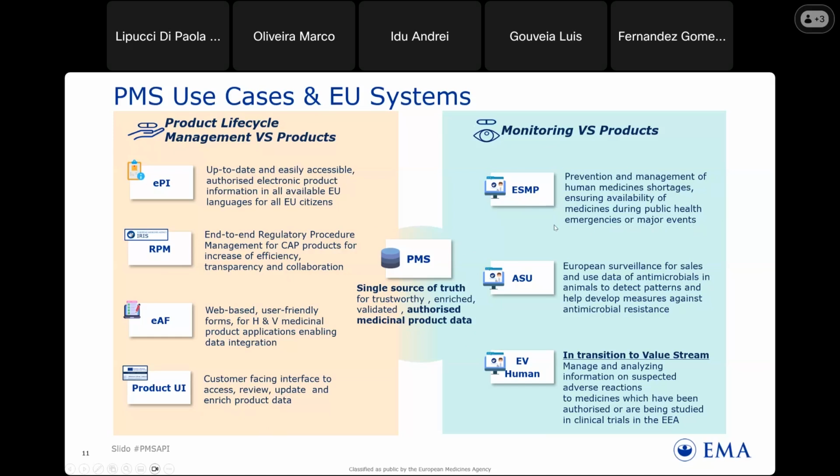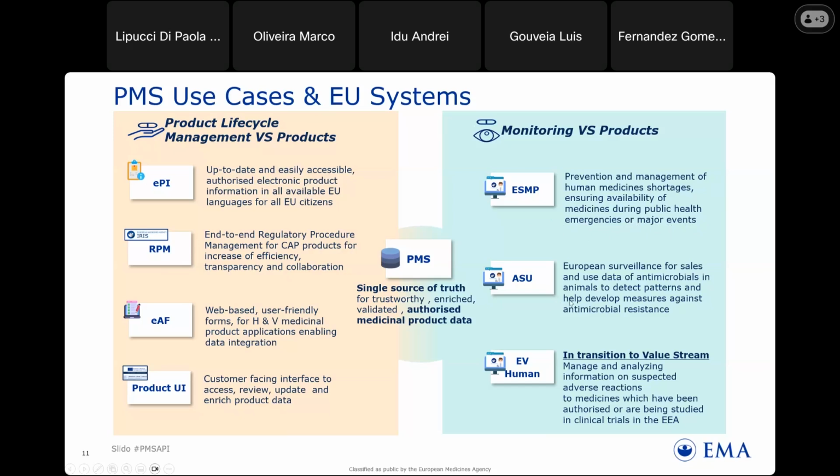So ESMP, for instance, is relying on PMS data, again a limited data set, to make sure that we can prevent and manage on time human medicine shortages. And in case of, hopefully not, another public health emergency or any major event, we can promptly act on it.